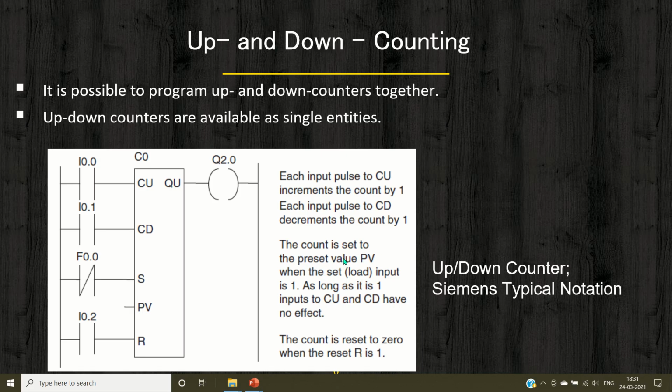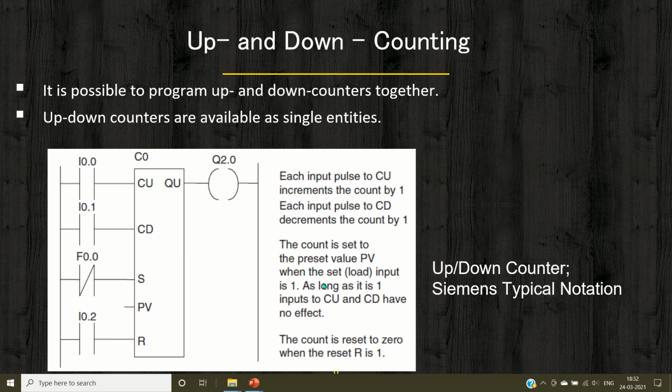The count is set to the preset value PV when the set or load input is 1. That means you can program this counter only when this set input is 1. As long as it is 1, inputs to CU and CD have no effect.